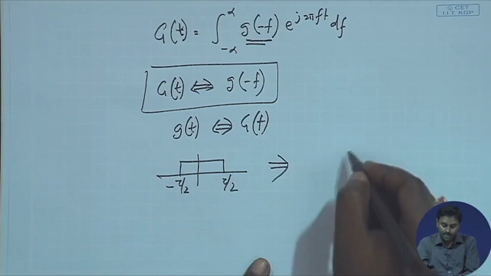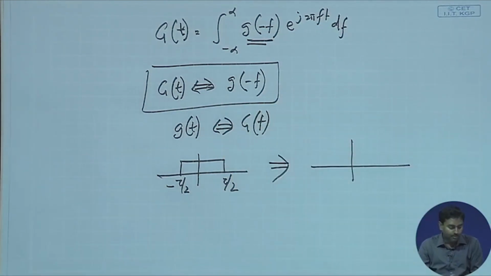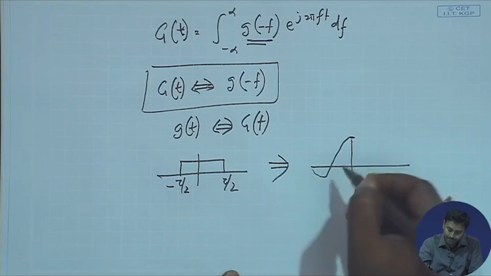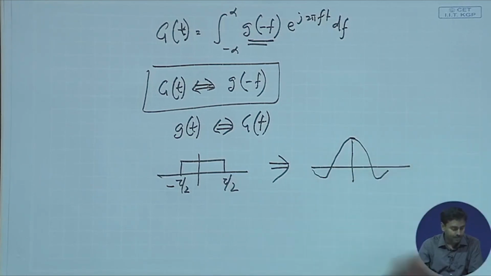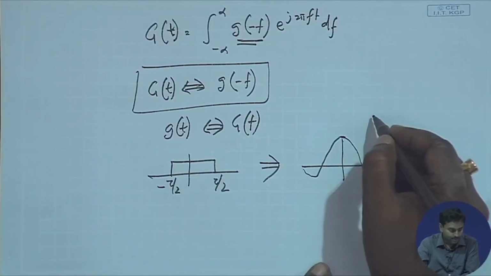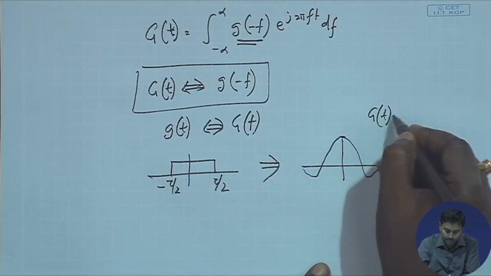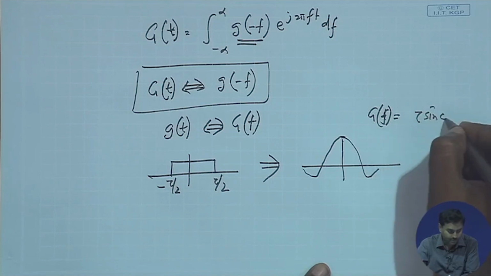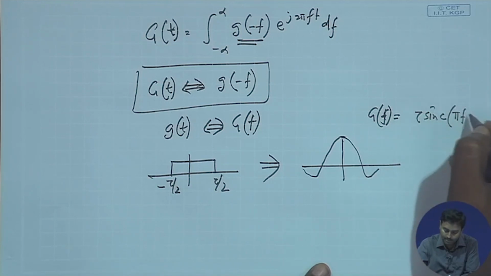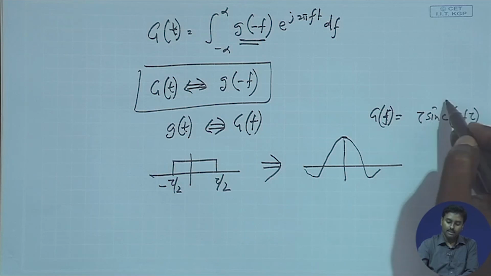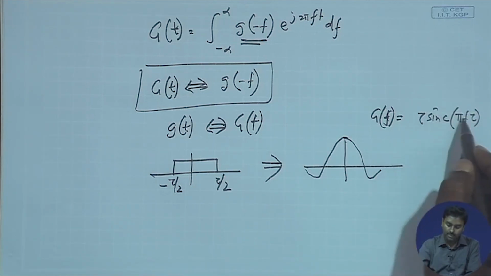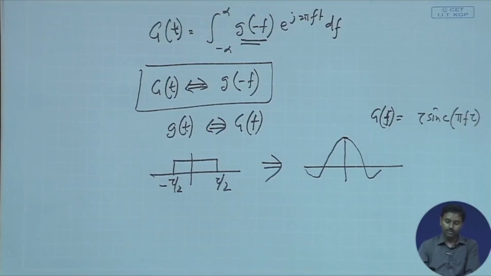If you do a Fourier transform, you can easily put in the fundamental Fourier transform relations, and you will see that it will be a sinc function, which is defined by this. Its Fourier transform g f will be tau sinc pi f tau. Sinc means sine of this argument divided by this argument. So, sin pi f tau divided by pi f tau.